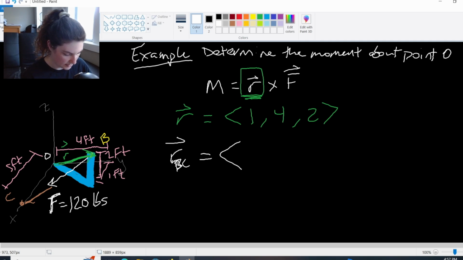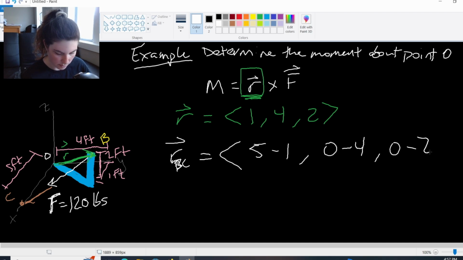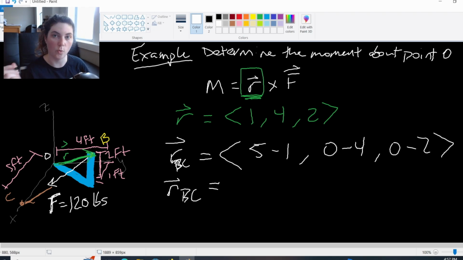So C is going to be 5 feet in the x direction minus 1, and then no value for y or z, so it's going to be 0 minus 4, and 0 minus 2. So this is our position vector for BC, representing the line that the force is acting along.